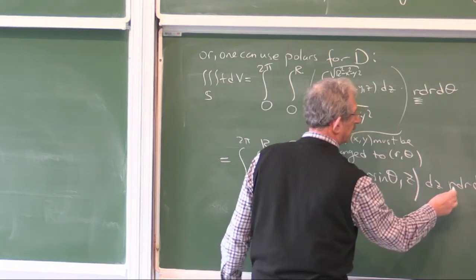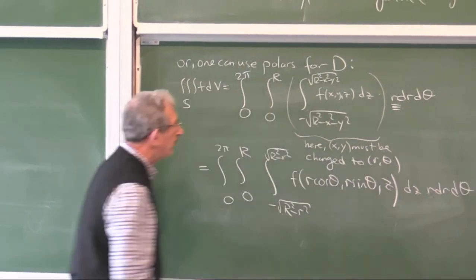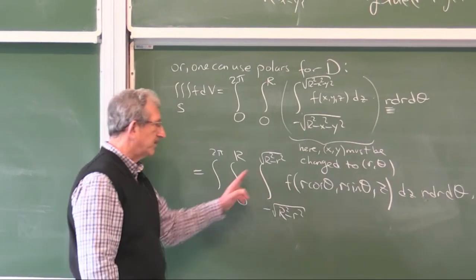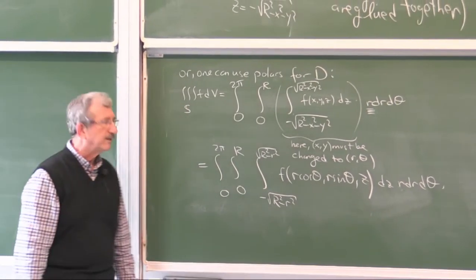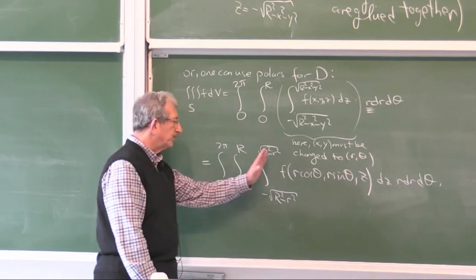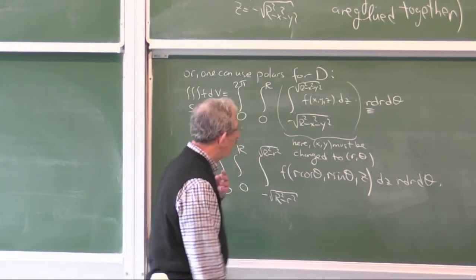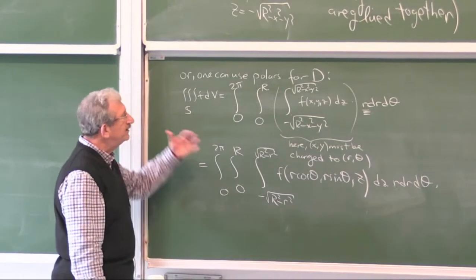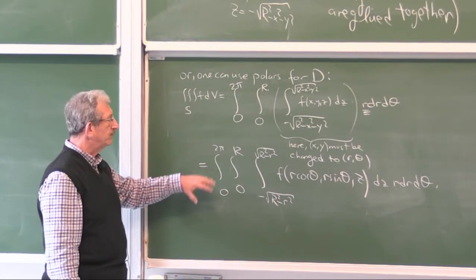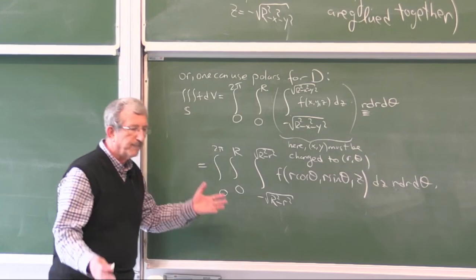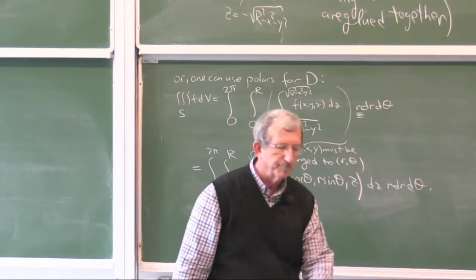Of course, you can put this r if you want to the front over here, but not outside the integrals yet. You can put it outside the first one, but not the others. So this is the polar version of the iterated integrals. You have choices here.